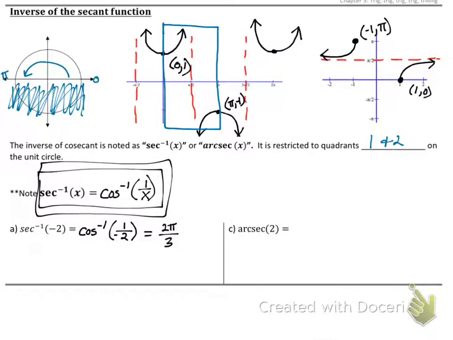Arc secant of 2 is going to be the same thing as arc cosine of 1/2, which is going to equal, if we picture our unit circle, the third tick. Because sine is 1/2 on the first tick, which means that cosine on the third tick is going to be 1/2. Remember, it goes pi over 6, pi over 4, pi over 3. So we're going to be pi over 3.